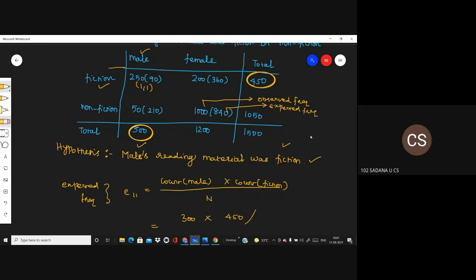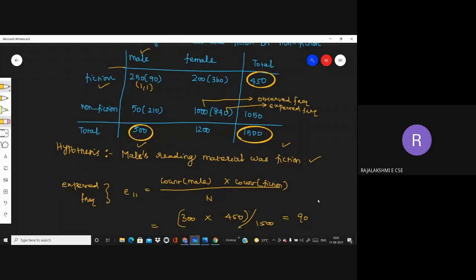Divided by the total, 1500. Can anyone say what is this answer? 300 into 450 divided by 1500. What is the value you are getting? 90. Okay, 90. This is the expected frequency.